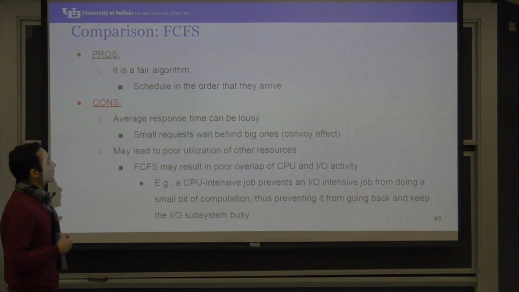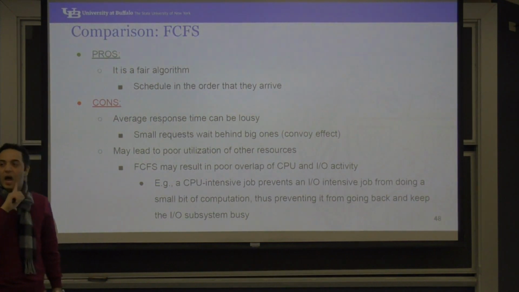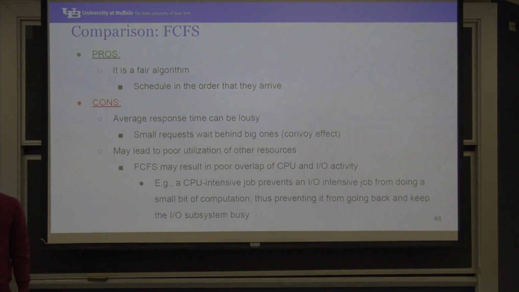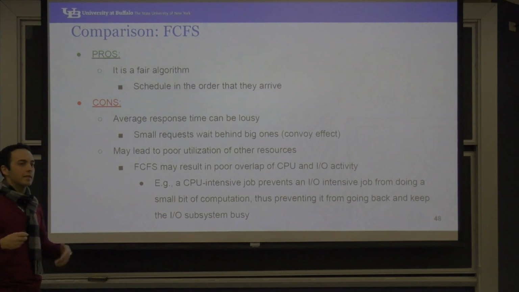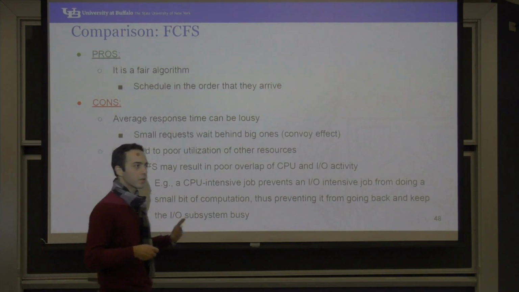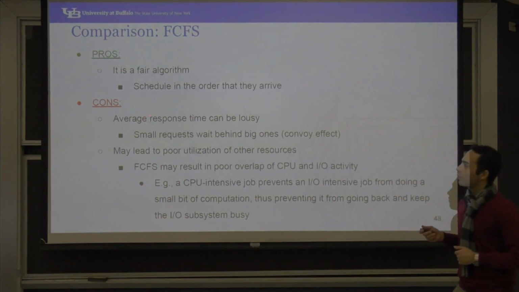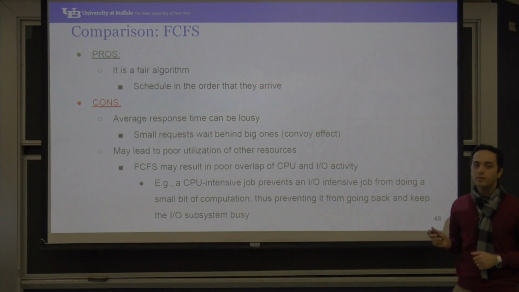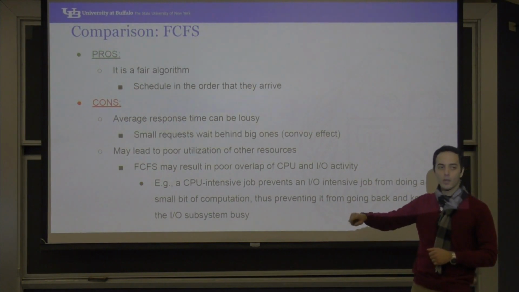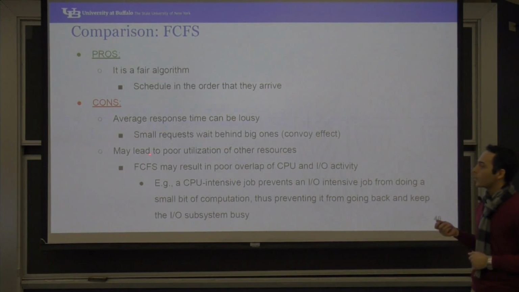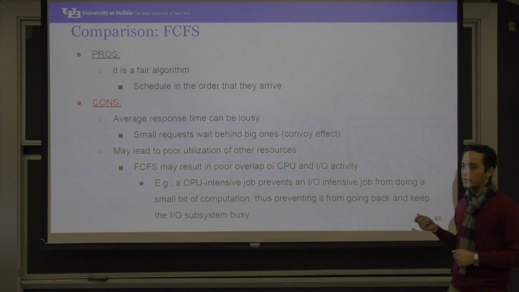So, a comparison between first come first serve and all the other ones as well. This is important, so make sure you understand all of them. Pros for first come first serve: it has some type of fairness. Whoever comes first gets served. Now the problem is that it has the convoy effect. Short processes get stuck behind the longer ones, and it may lead to poor utilization of other resources.